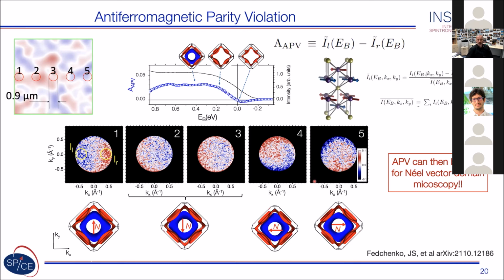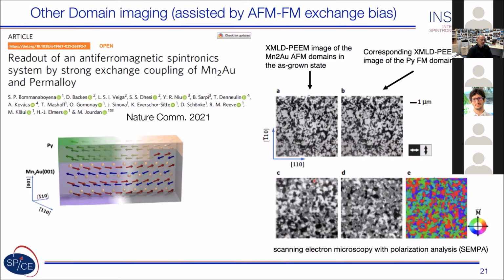So with this, I wanted to mention, maybe one before closing here, that there are other ways, of course, to image these slightly indirect vector domains of the Néel vector, and that is, in this case, a little more intrusive, by coupling this to permalloy.